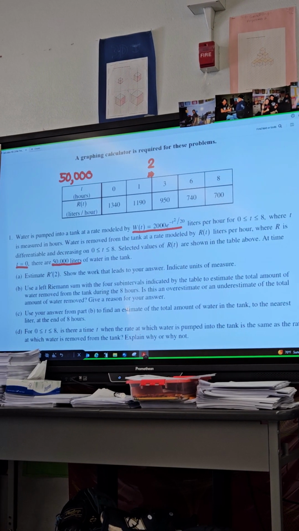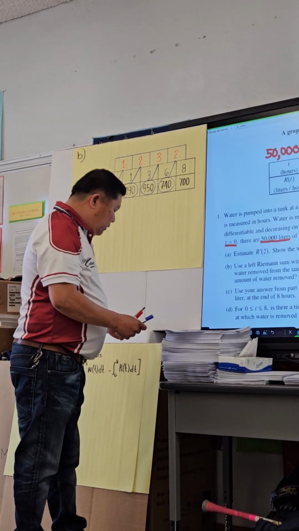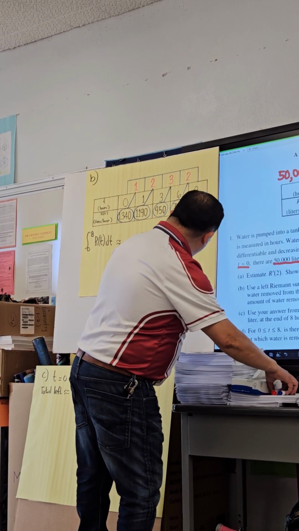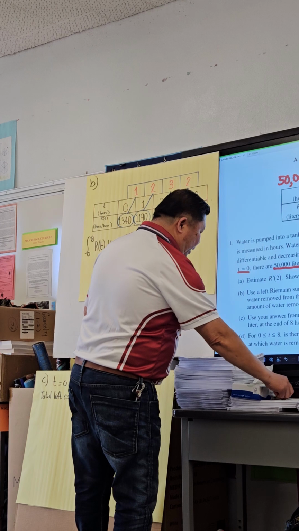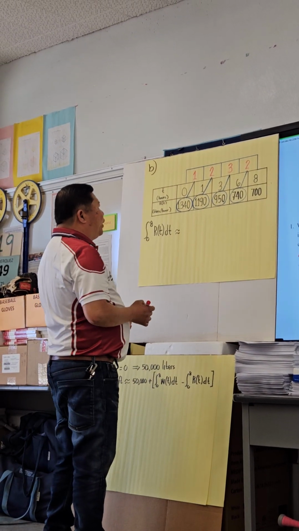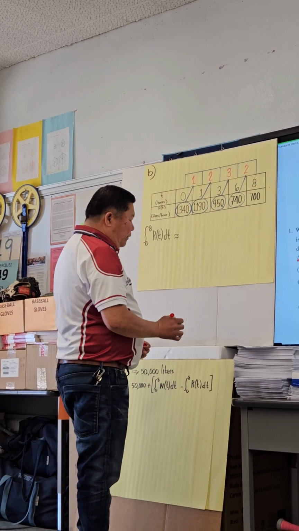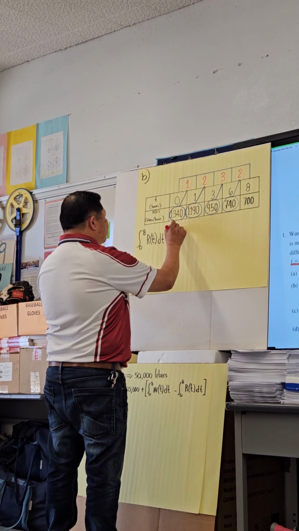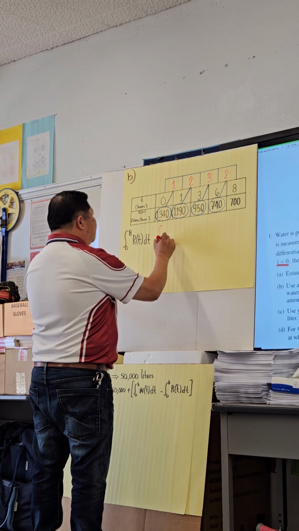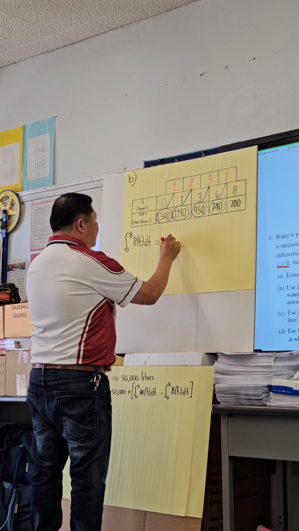But we expect that our answer is, then we're gonna interpret whether it is underestimate or overestimate. So for you to earn credit, guys, what to write now? You're gonna have 1 times 1,340.